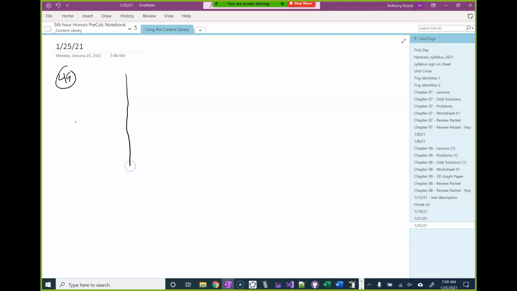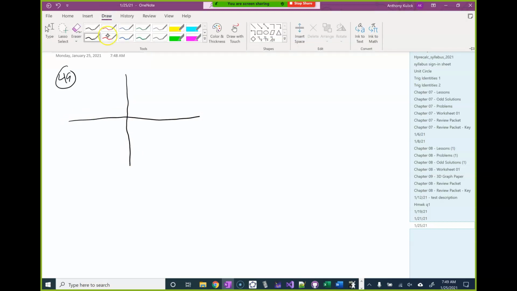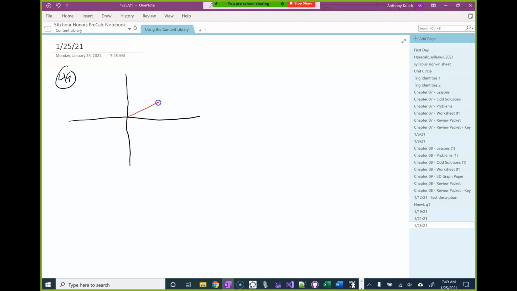Okay, so the tricky part about this is that there's really three vectors going on here. So we have our ramp vector, 35 degrees. And then we have our crate vector.